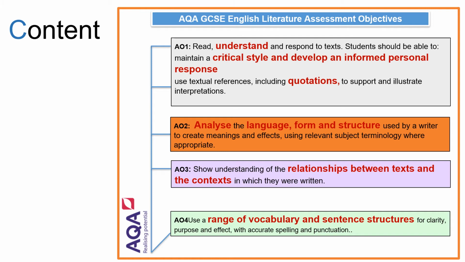As for AO2, students are expected to analyze the language, form and structure used by a writer to create meanings and effects, using relevant subject terminology where appropriate. AO3 is where students show understanding of the relationships between texts and the contexts in which they are written. And finally, AO4 is where students use a range of vocabulary and sentence structures for clarity, purpose, and effect, with accurate spelling and punctuation.